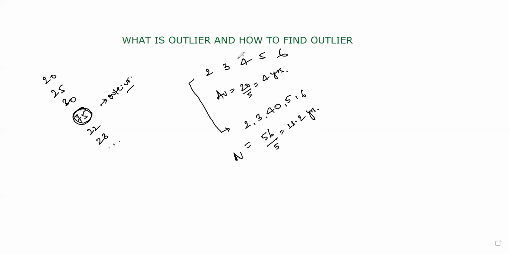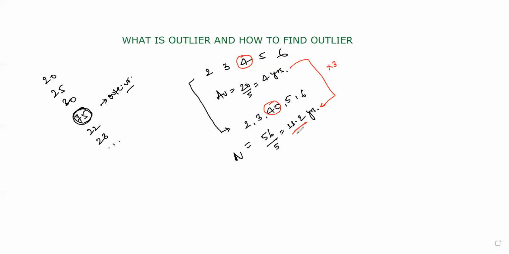Just because one value got changed, 4 to 40, see the change in the average. That's close to 3 times, 4 times 3 is 12, that's 11.2. So just because of a single outlier, your entire statistical properties got changed. And that's the issue with having an outlier, right?